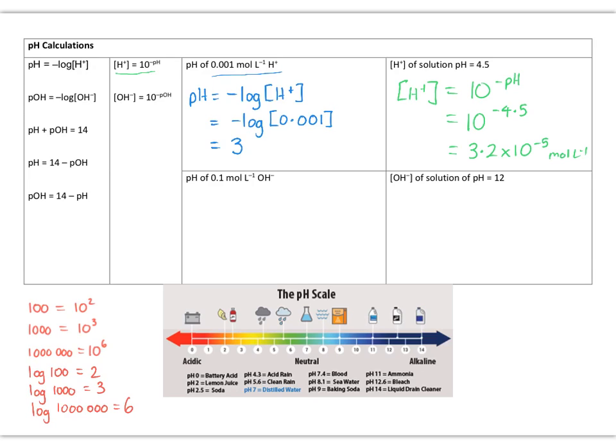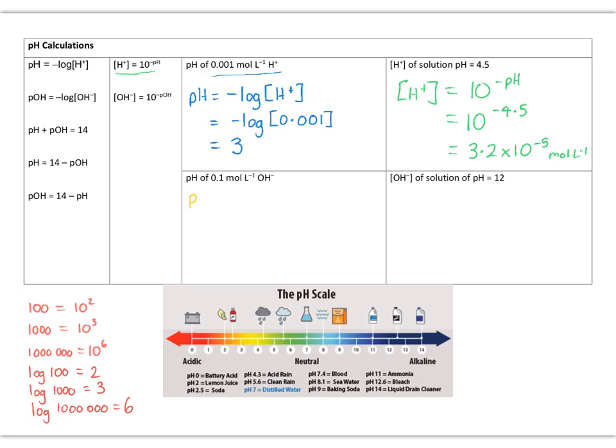Now, it gets slightly trickier when we look at the pH of a hydroxide solution, because we don't have the hydrogen ion concentration anymore, we have the hydroxide ion concentration. And what you can see from the formulas over here is the relationship between pH and pOH, and also how we work out pOH.